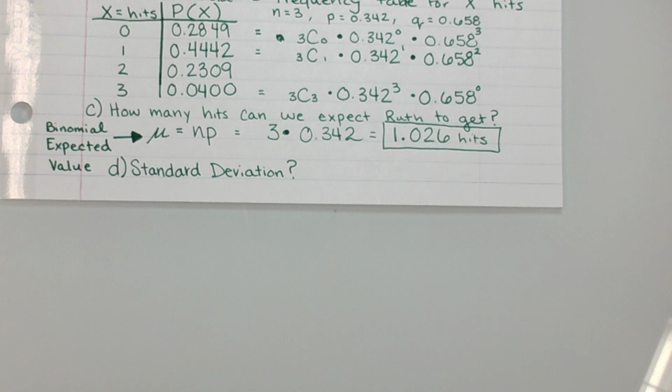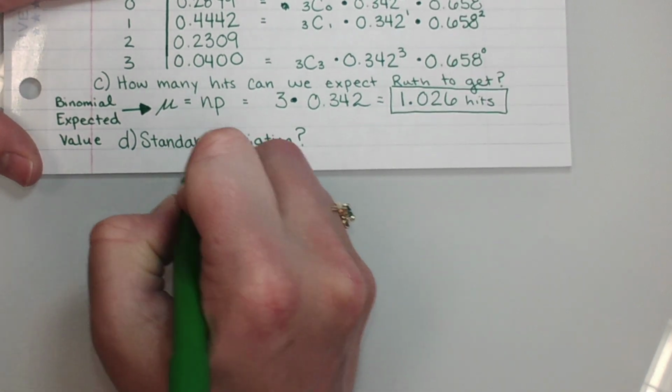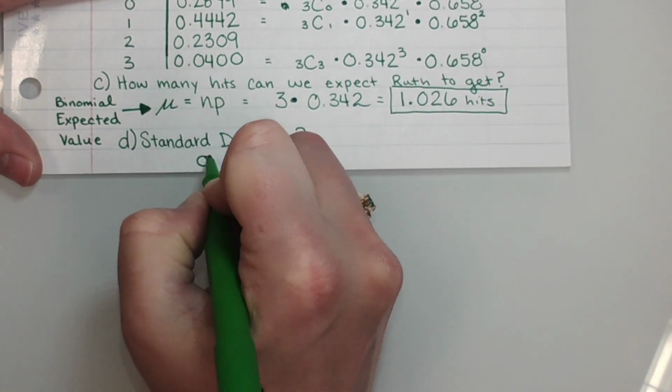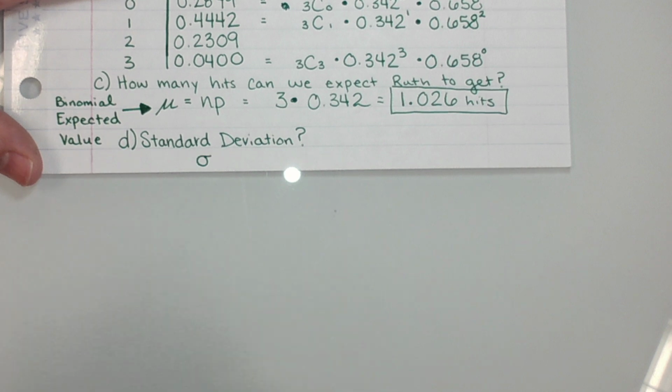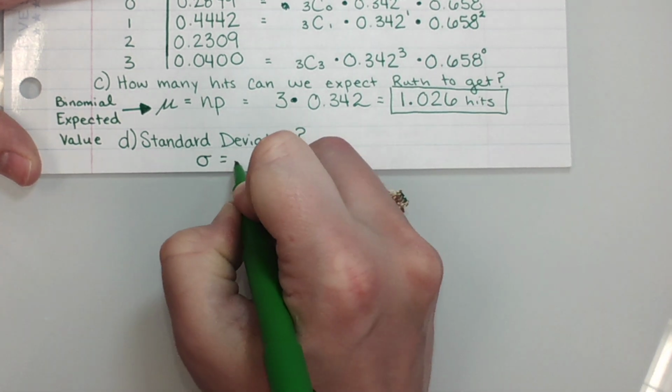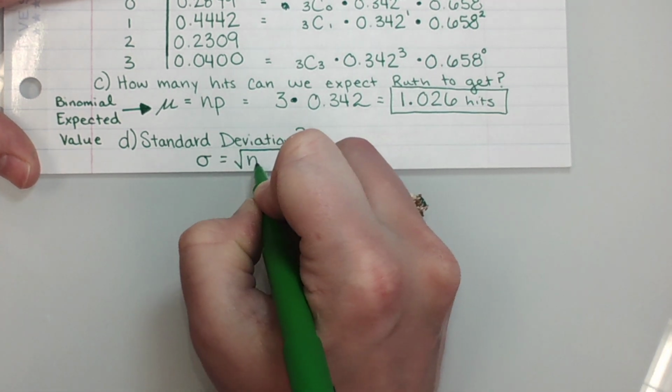X, P of X, X minus E of X, X minus E of X squared, X minus E of X squared times P of X, find the sum, take the square root. Or, there's also a shortcut for binomial. Standard deviation is given by sigma. And it's the square root of NPQ.